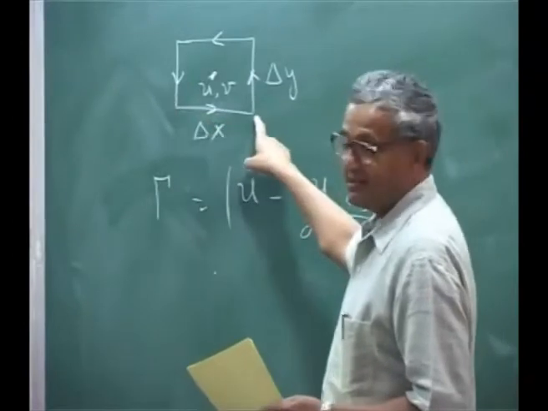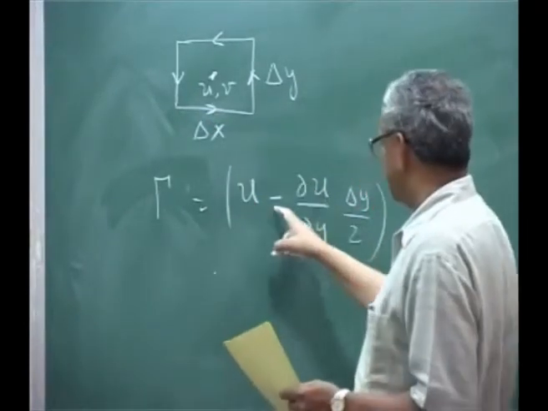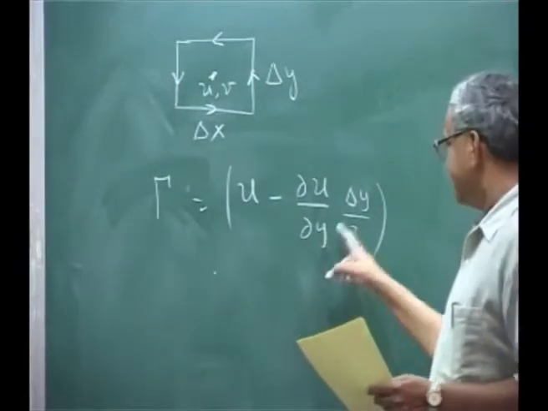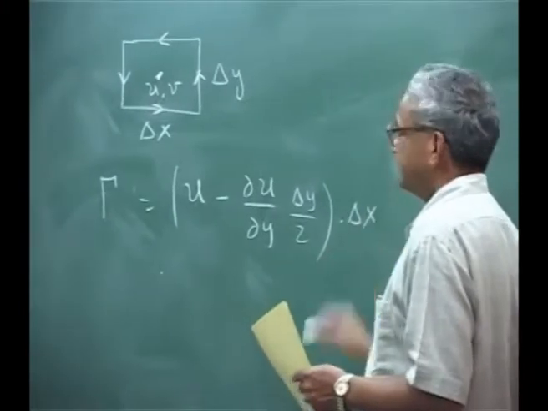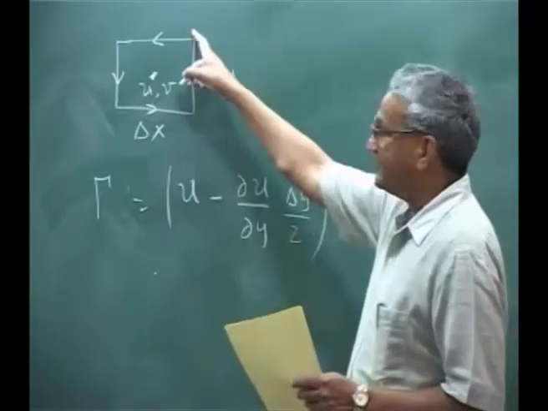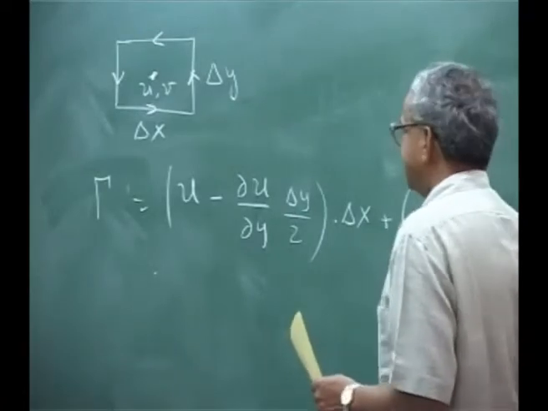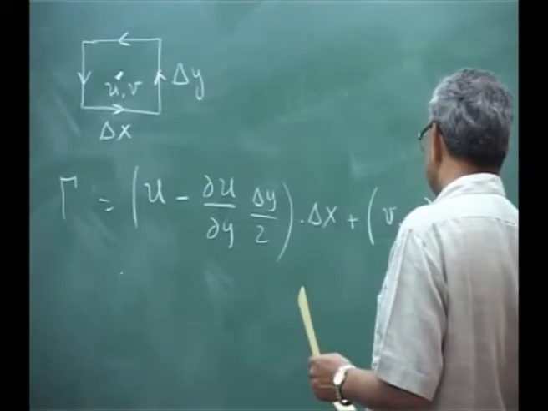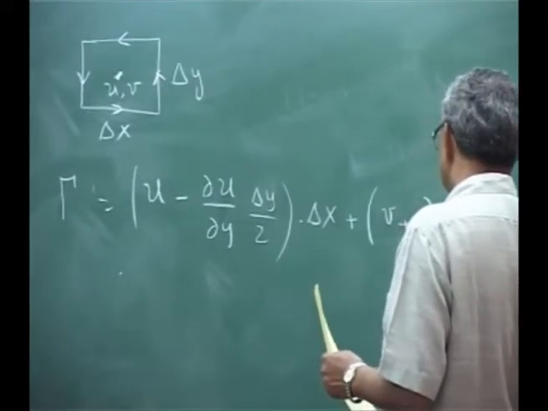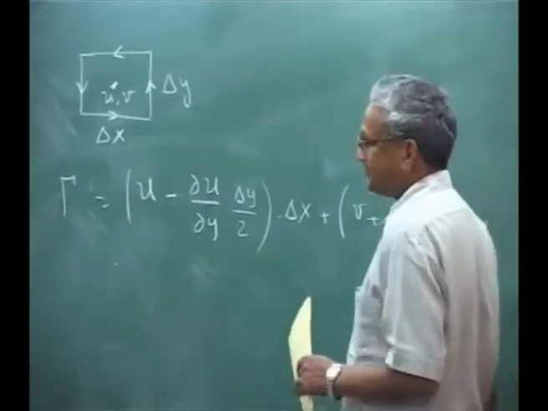So velocity here along x is u plus delta u by delta y divided by 2, into delta x. Here you will have the velocity v, you will have plus v plus delta v over delta x over 2 into delta y.